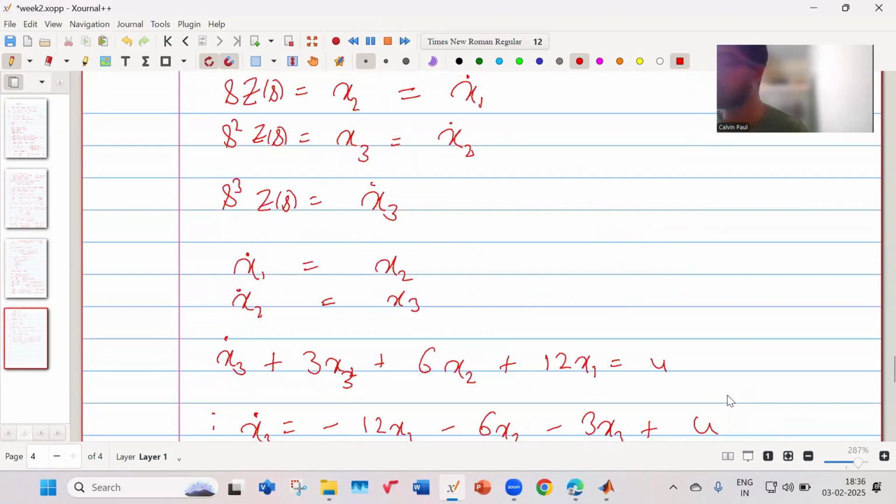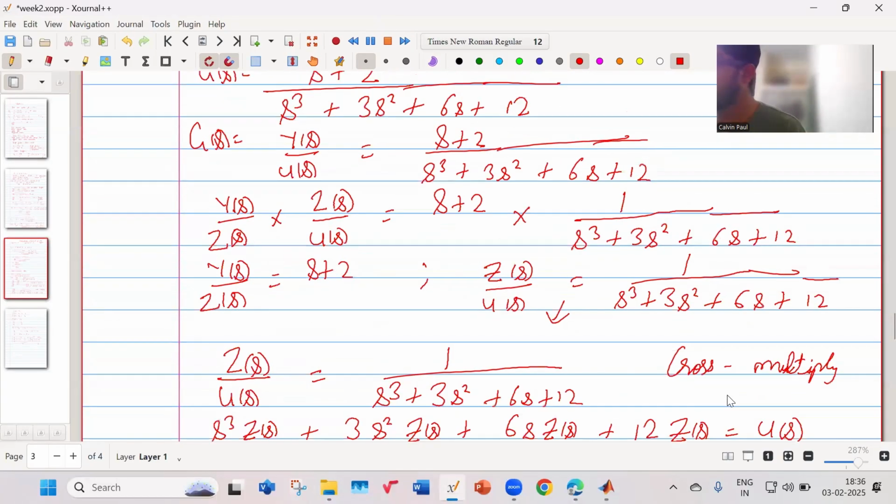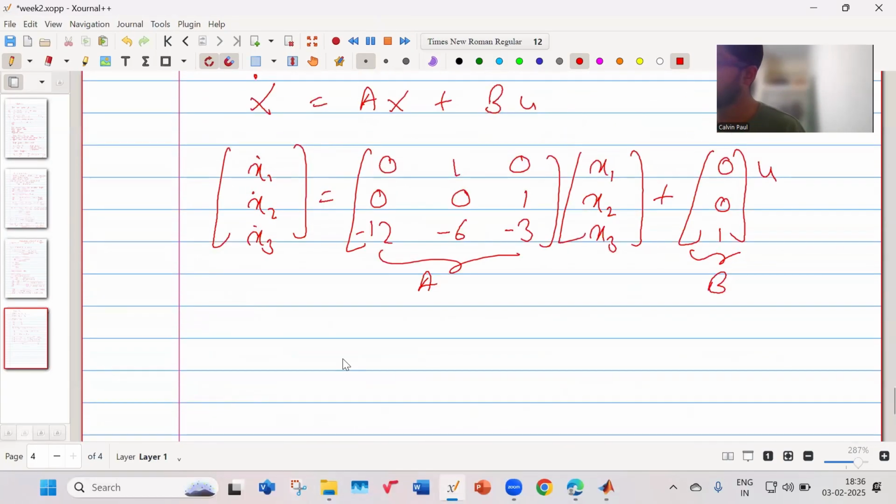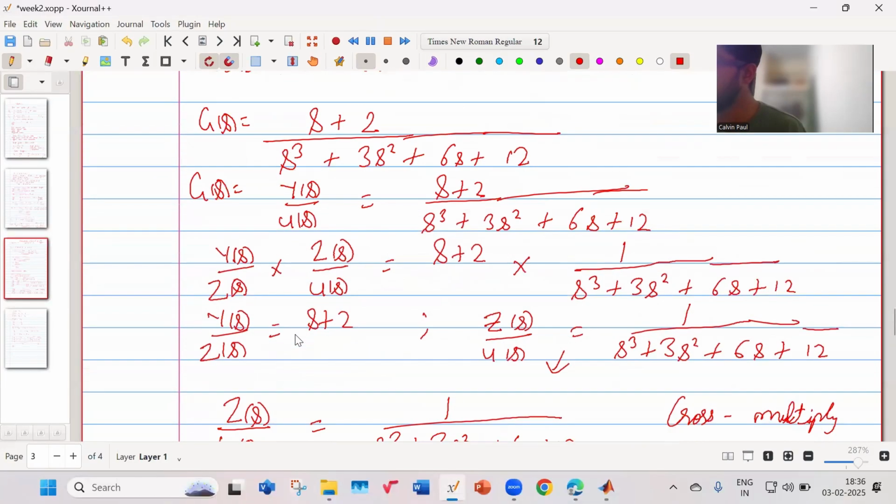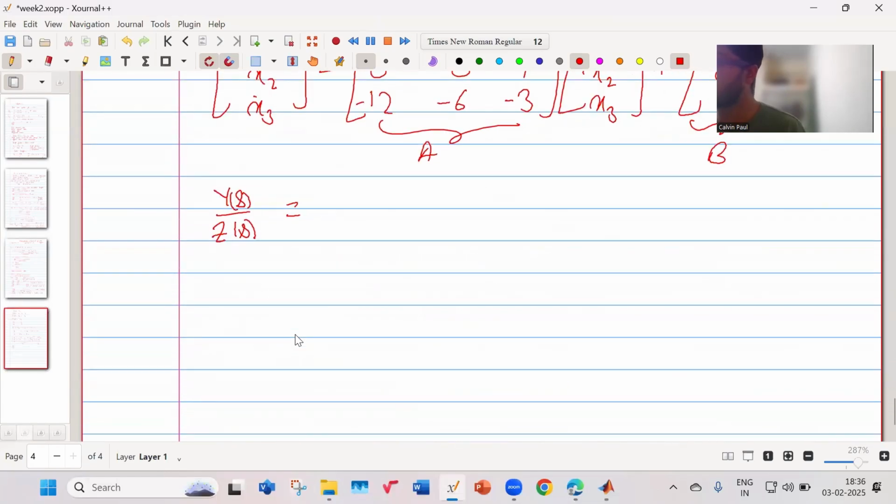But then we have not got our output. So we have y of s upon z of s equal to s plus 2. So how do we tackle this then? My y of s actually is equal to s into z of s plus 2 into z of s, right?